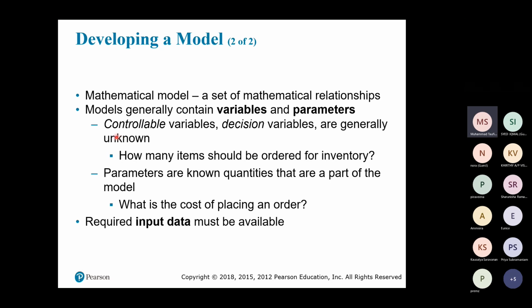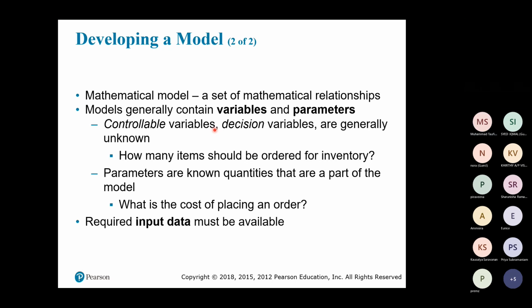what we call a controllable variable and a decision variable that is generally unknown. We have two types of variables here. First, controllable variables are variables whose value we set.